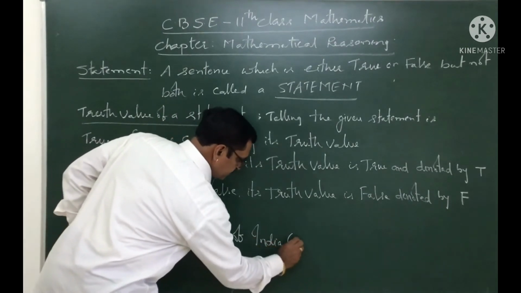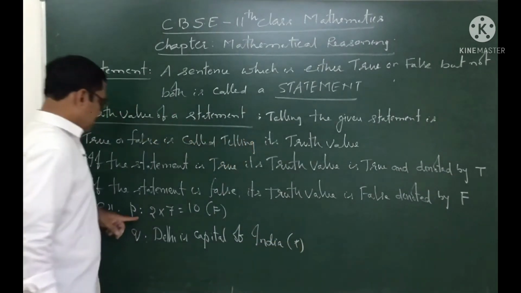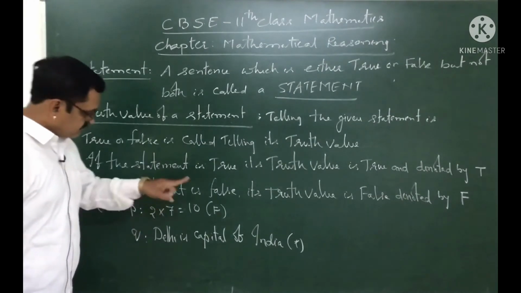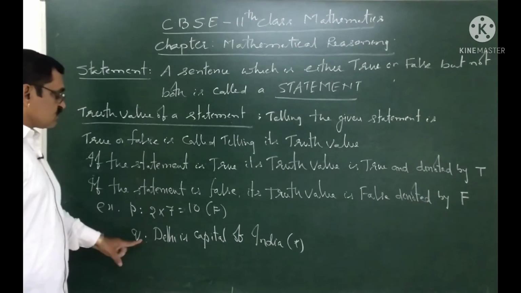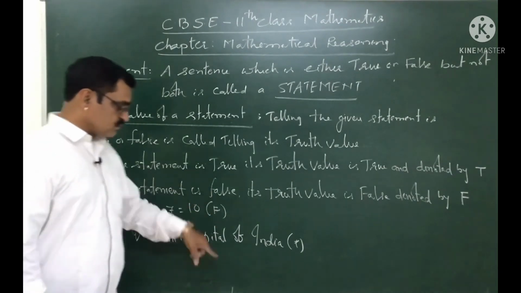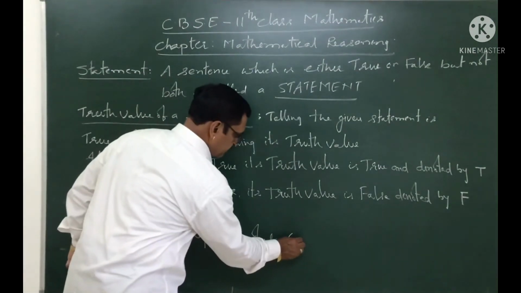It is true. So the truth value of the P statement is false, denoted by F, and the truth value of the Q statement is true, denoted by T.